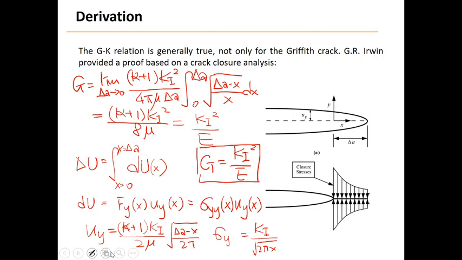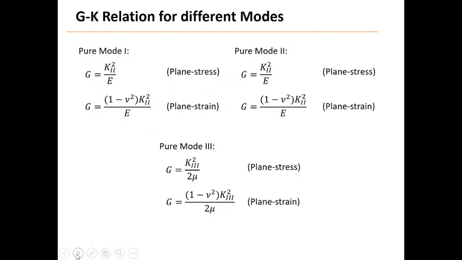Okay, so just one final summary slide for all this. What we did is for mode 1. The derivation is also for mode 1. So similarly, you can do that for mode 2 and mode 3. It's also not difficult to do. You just need to repeat the crack closure analysis, but now assuming this is a mode 2 fracture, and then you have the stresses and the corresponding displacement. So you're not looking at Uy anymore.